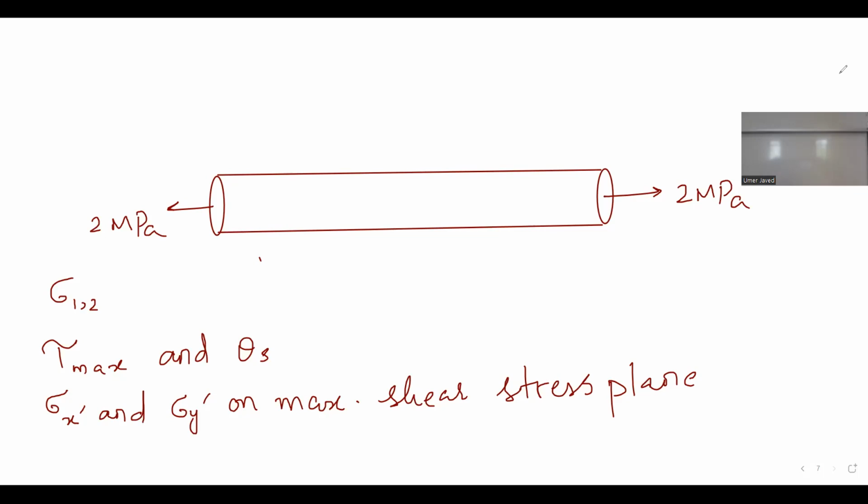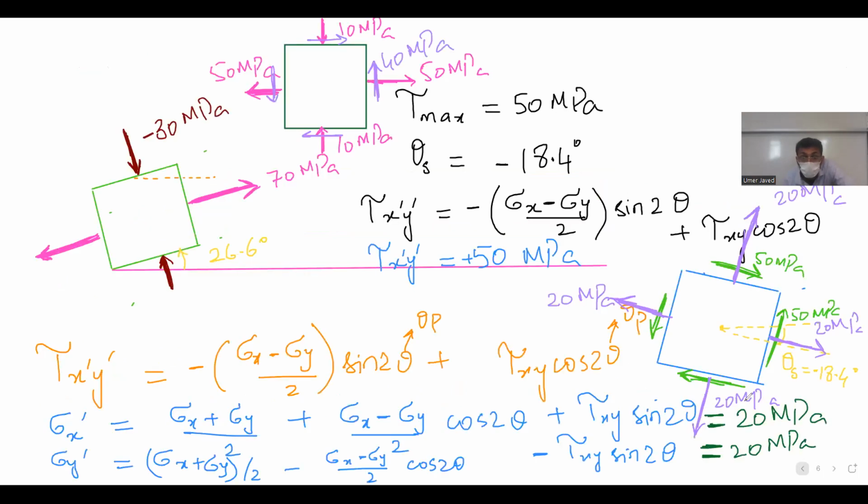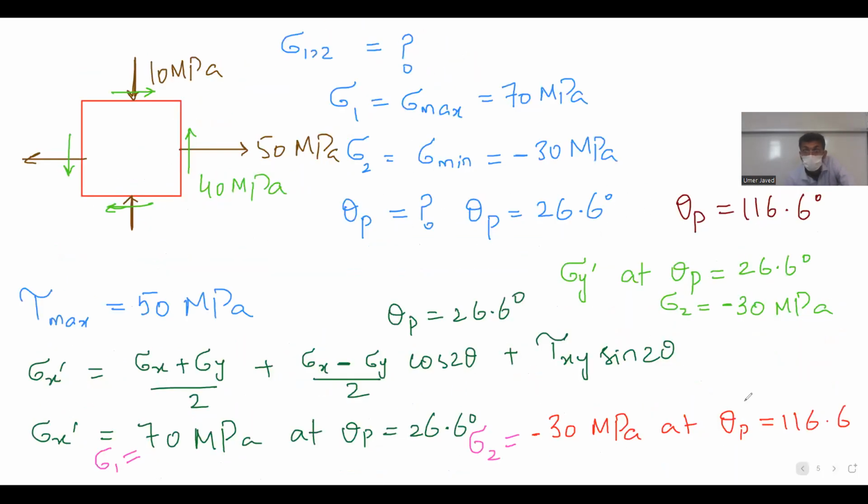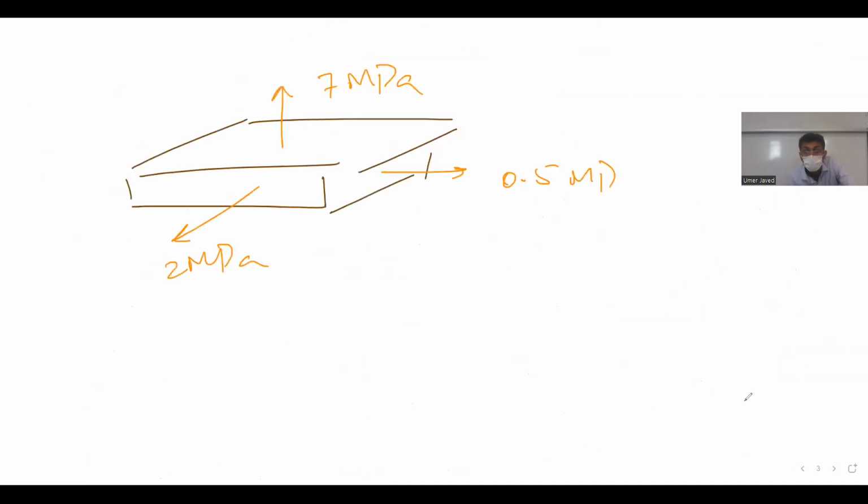I'm sure all of you did it. So stress 1 comes out to be, sorry, 2, right? So what was the formula?